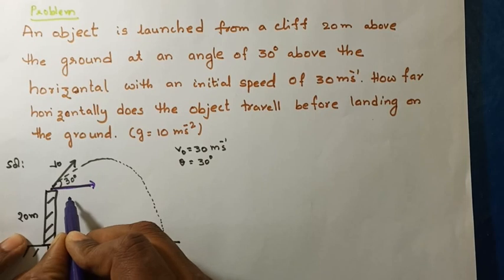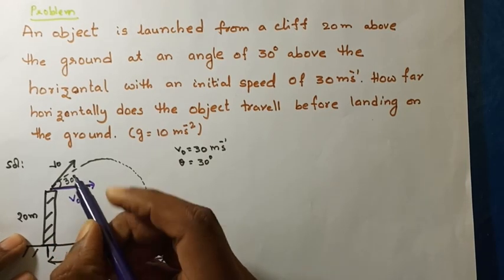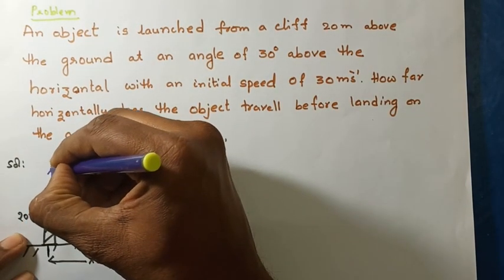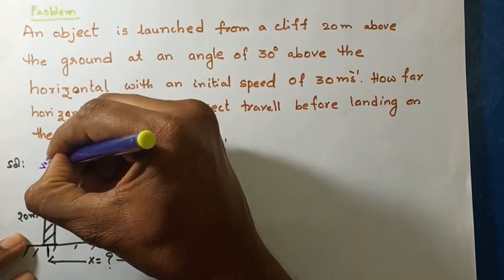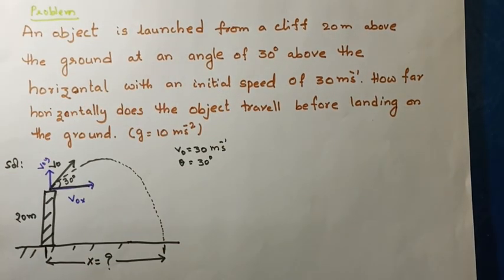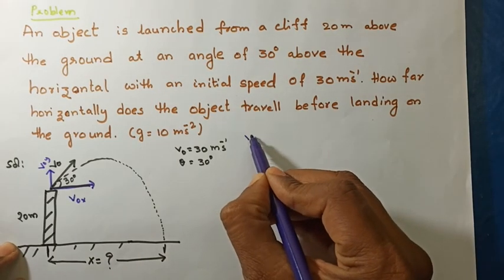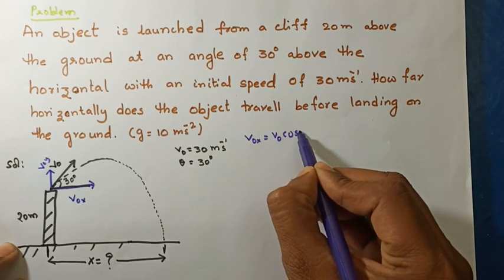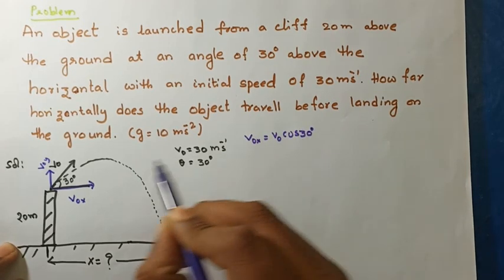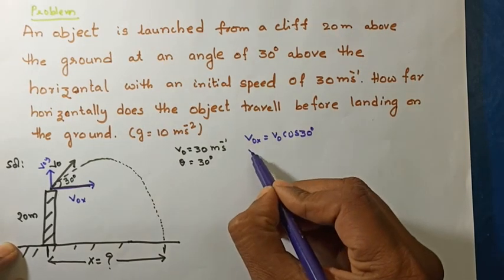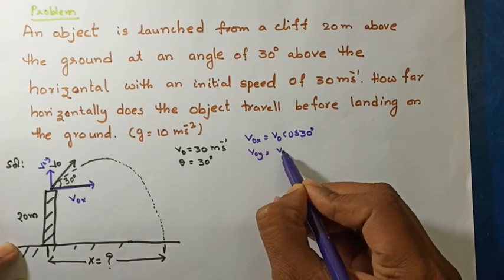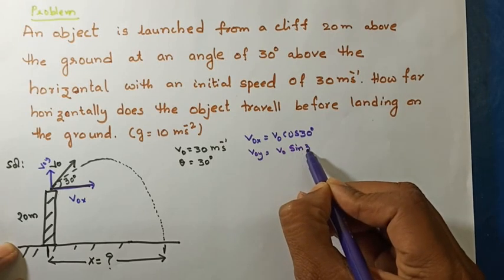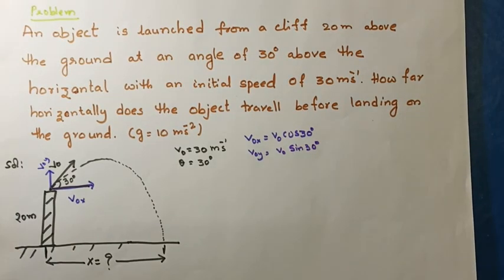This is called the V naught x component and this is called the V naught y component. Here V naught x is equal to V naught cos theta, 30 degrees, and V naught y is equal to V naught sin 30. This was discussed in the last session, in the last projectile problems also.